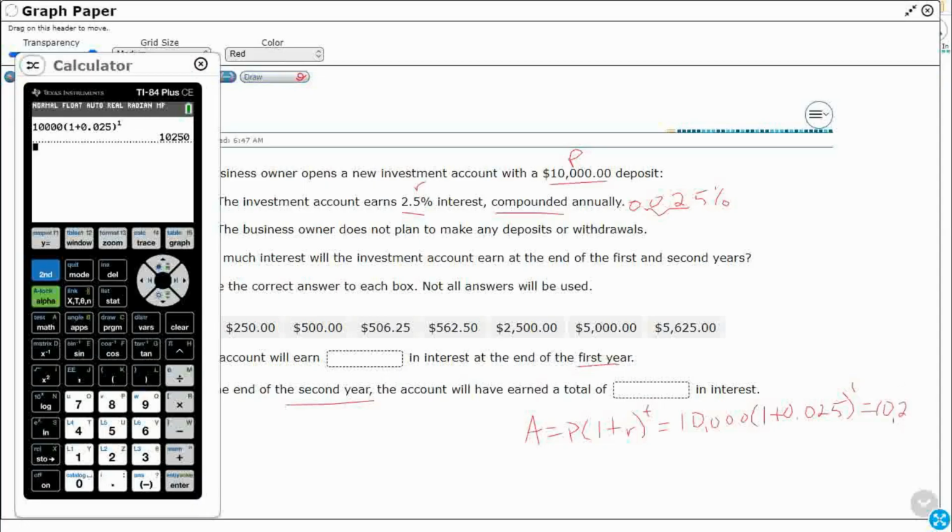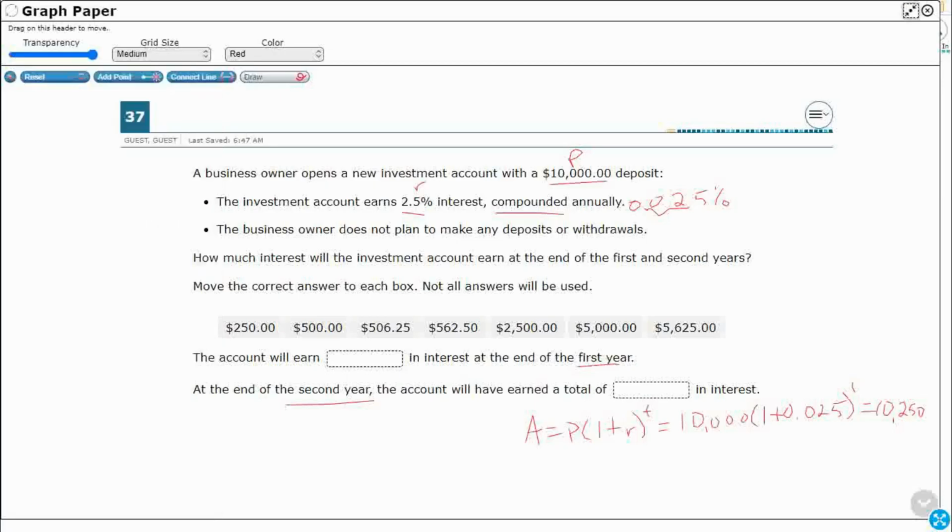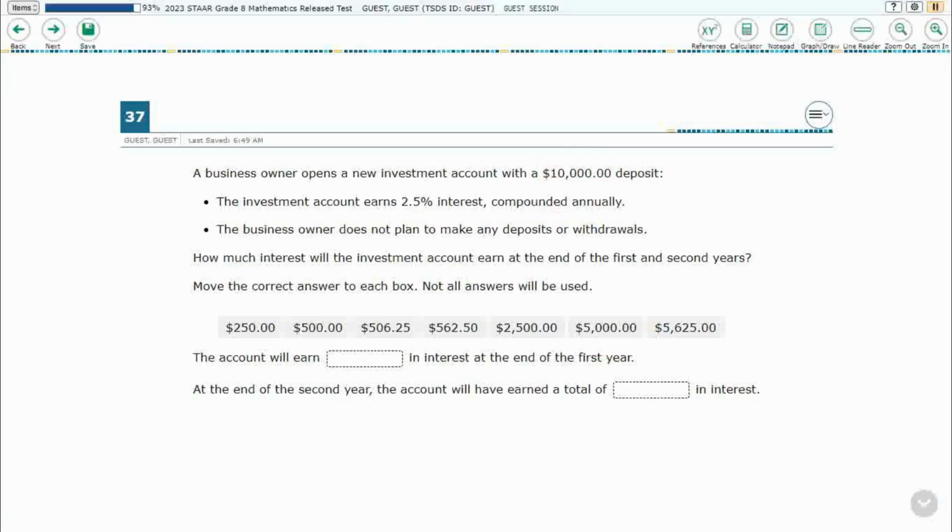Now that's actually not one of the answer choices. Why is it not an answer choice? Because I'm not looking for the amount of balance. I'm looking for the interest. So I need to subtract 10,000. That's the initial deposit. That's going to give me my interest. So all that work, and I'm only going to get $250 interest, which isn't too bad. So 250 is that first answer right there. So we're going to grab that.